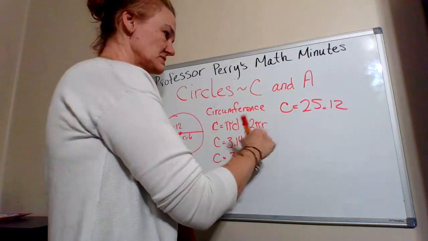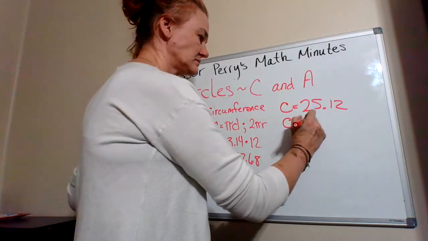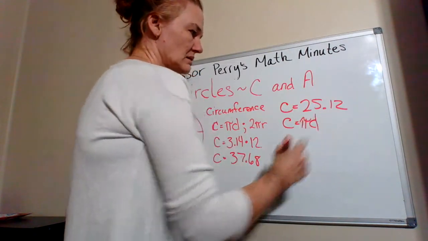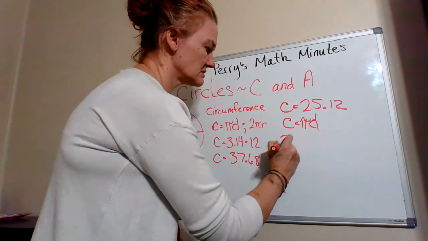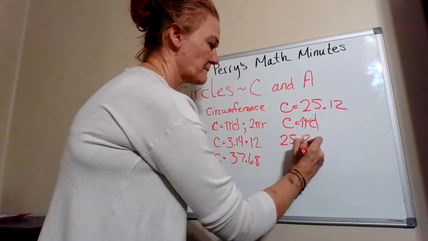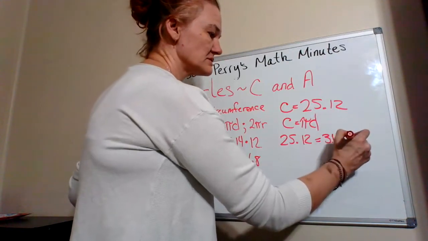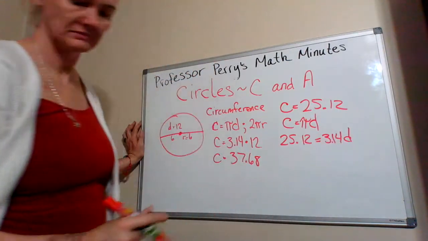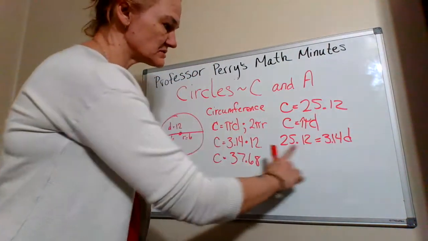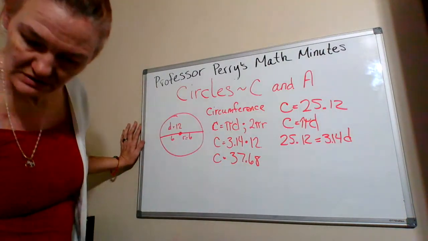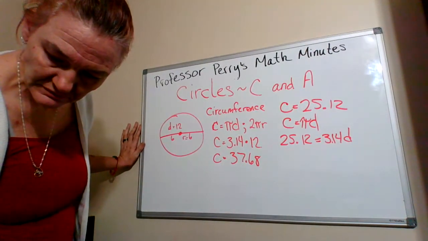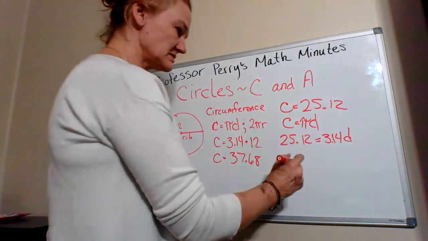So you just use the same formula, but you know the circumference, you know pi, and you're just looking for the diameter. So in order to solve this, you divide by 3.14 and you get 8.